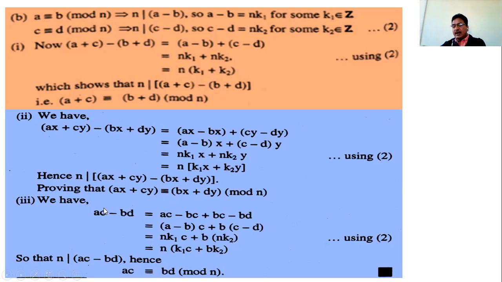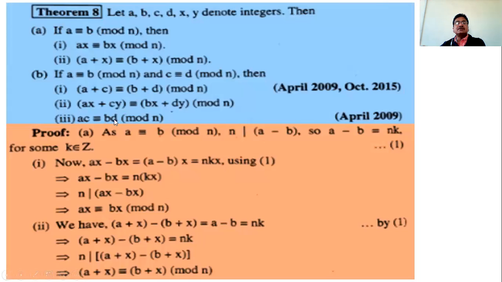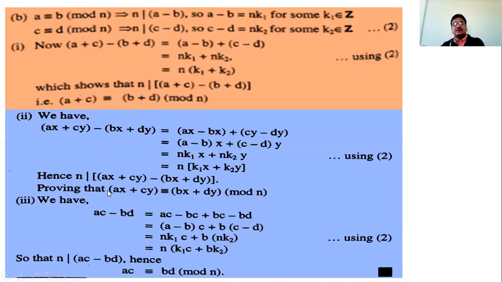Now we have to show ac is congruent to bd modulo n. ac is congruent to bd modulo n if n divides ac − bd, and n divides ac − bd if ac − bd can be expressed in the form n times some integer. So consider ac − bd. Subtract bc and add bc.